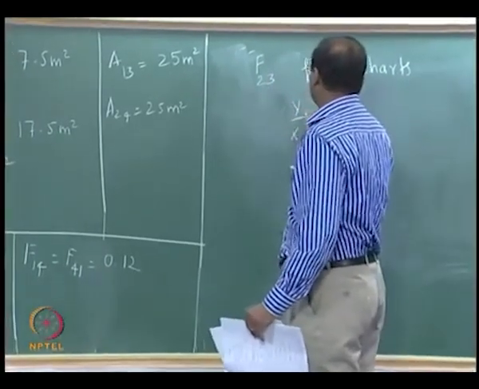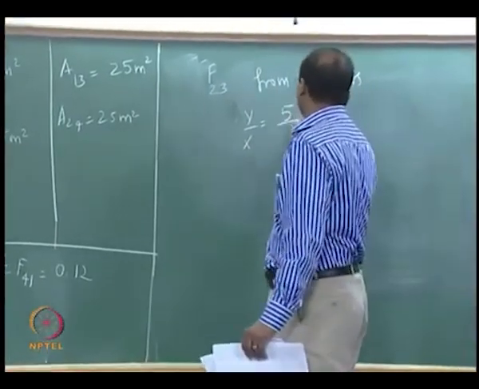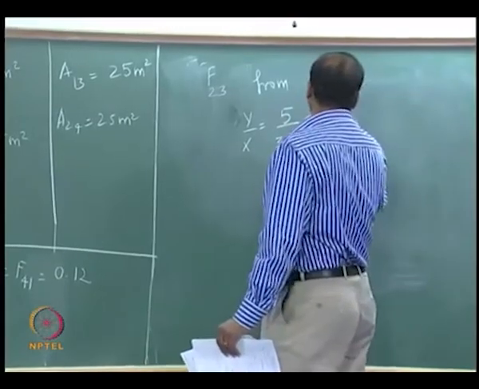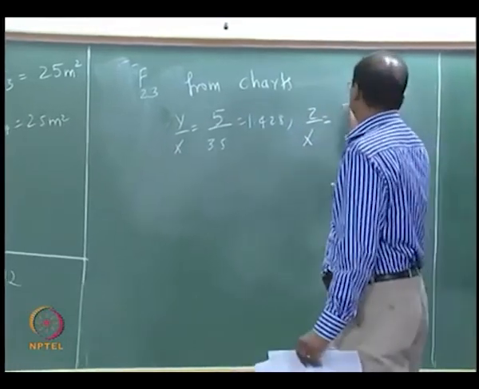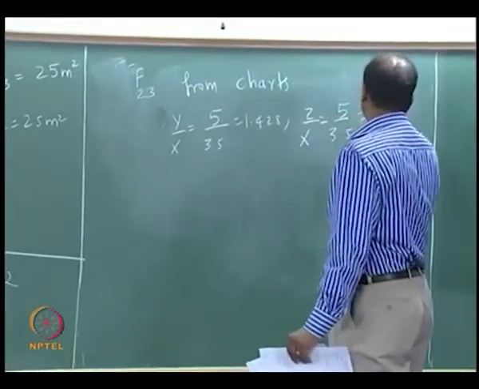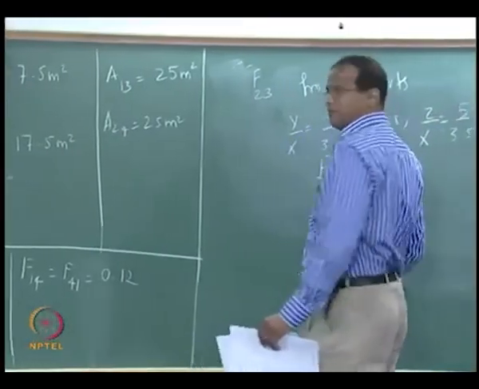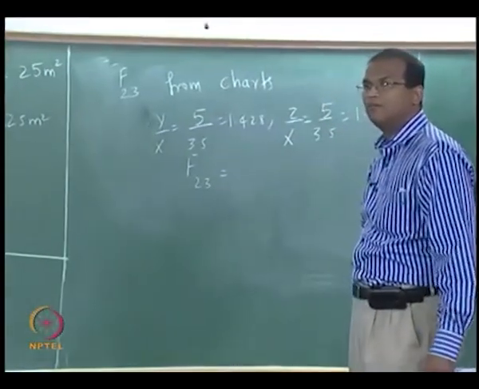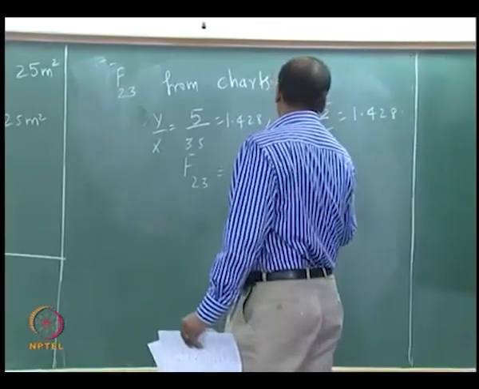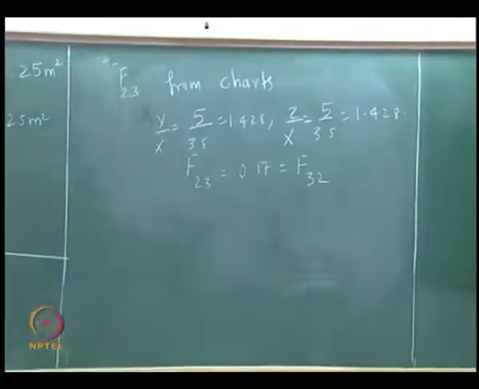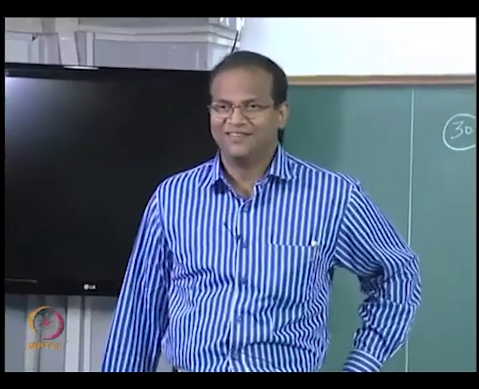Y by x 1 point, same, point 17. Yeah, we will do it slowly.